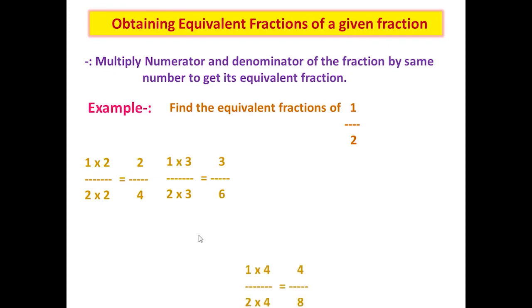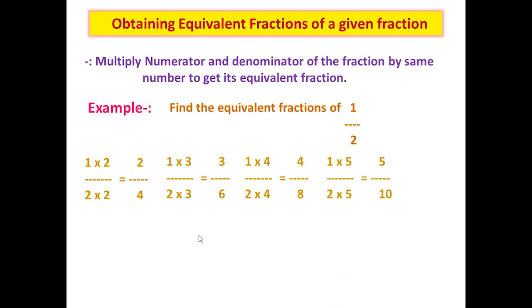Now multiply by 4/4. So 1 into 4 is 4 and 2 fours are 8. Now again multiply 1/2 by 5/5. So 1 into 5 is 5 and 2 fives are 10. Thus 2/4, 3/6, 4/8 and 5/10 are the equivalent fractions of 1/2.